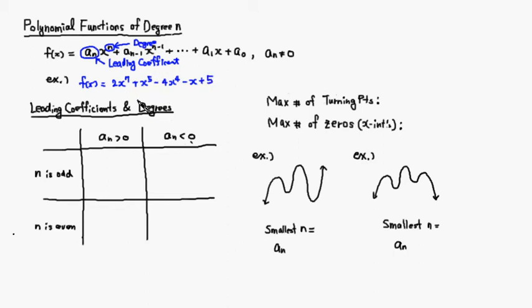So this is a polynomial function of degree 7. In this case, n is equal to 7.